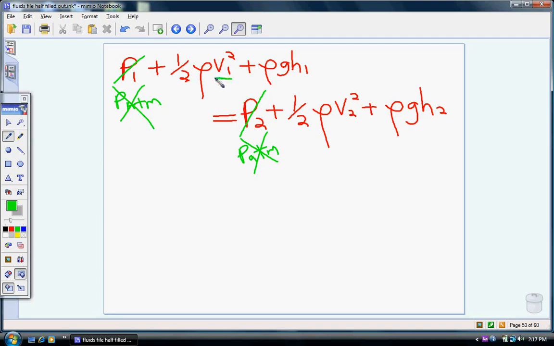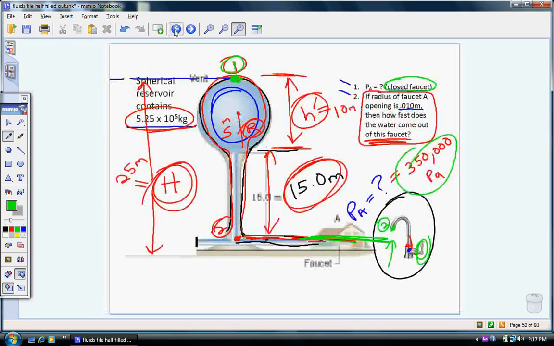You see this velocity? That velocity corresponds to the velocity of the fluid up here. When you run your faucet over here, there's going to be a serious velocity of the water coming out, yes? But the water level here is going to be going down so slowly that the water velocity dropping down here is going to be practically zero.